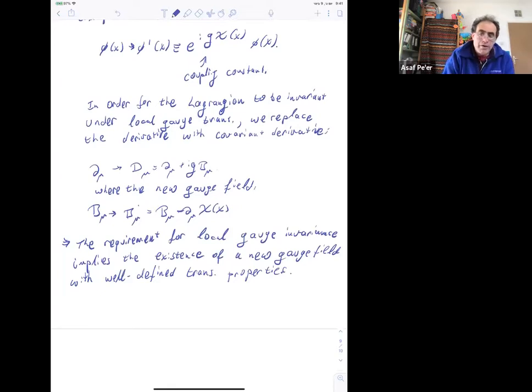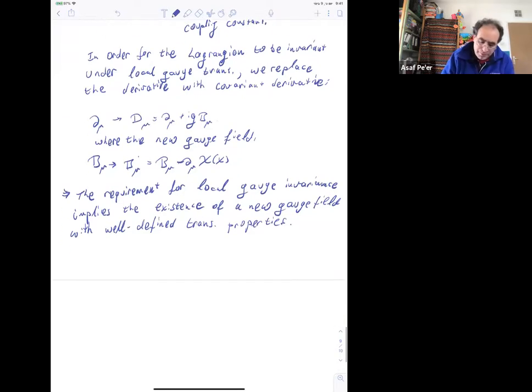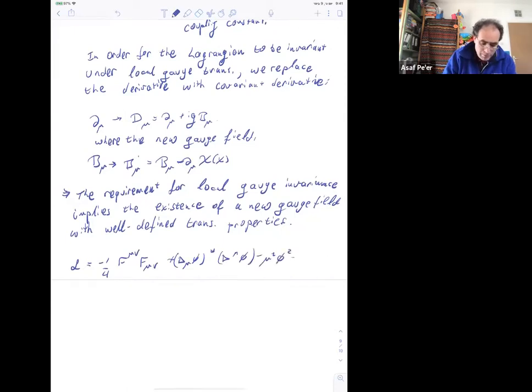So for the combined Lagrangian of this complex scalar field phi and the gauge field B, we get L equals minus 1/4 F mu nu F mu nu plus D mu phi star D mu phi minus mu squared phi squared minus lambda phi to the 4.